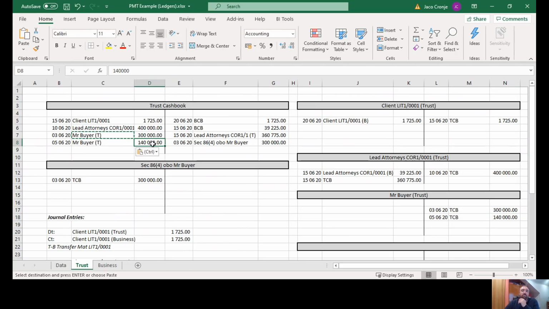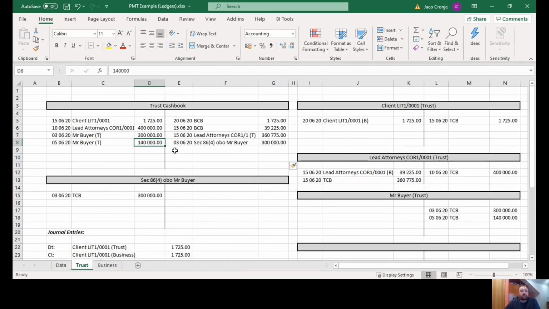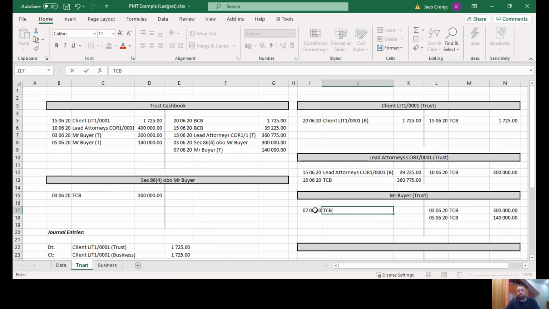And also my bank balance will not have a full 140,000 in it because that's not there. So we basically need to take that whole transaction and throw it into reverse. 140,000 on this side. Oh, that was on this 7th. Just get my dates correct. And on the 7th there, 7th June 2020, from my trust cash book, I reversed.